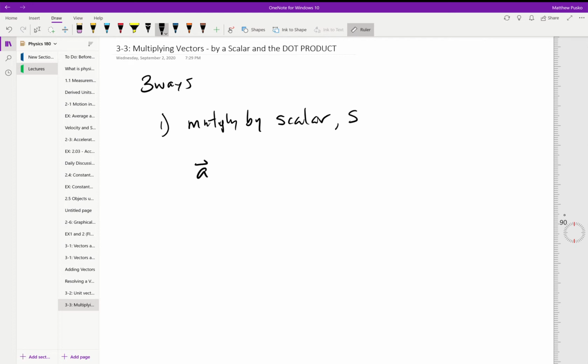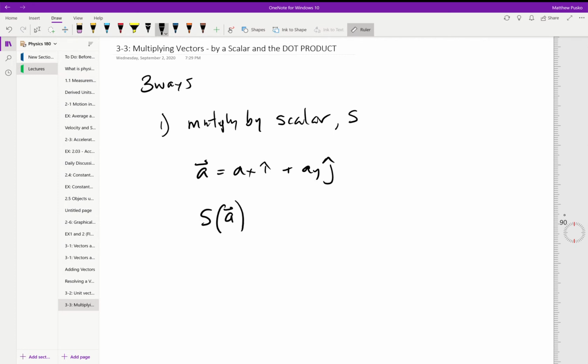So if I had some vector a is equal to some x component, and also has some y component in the j direction. Could have a k also, but for simplicity we'll leave it here. If I wanted to multiply s, let's use parentheses not to confuse this, and you'll see why.